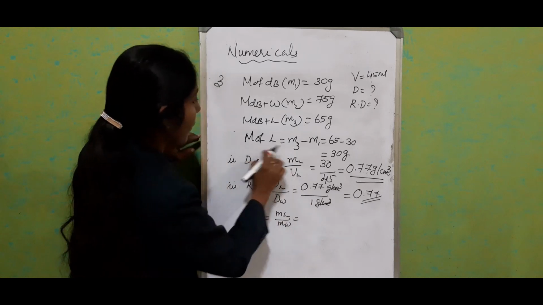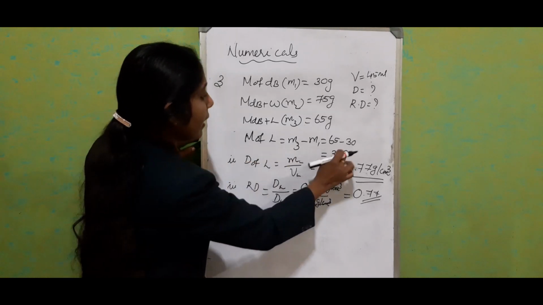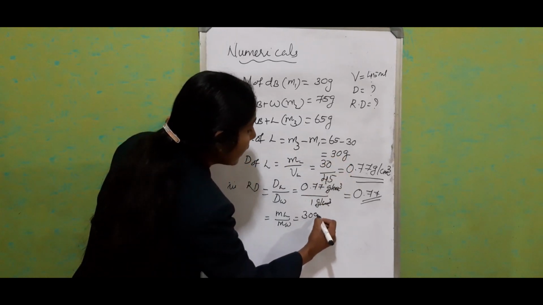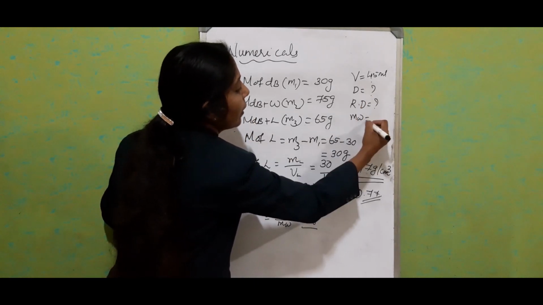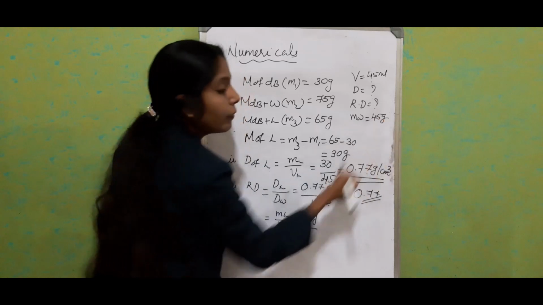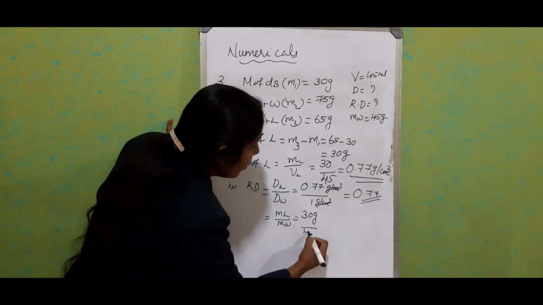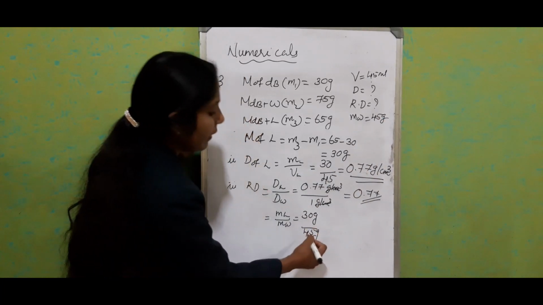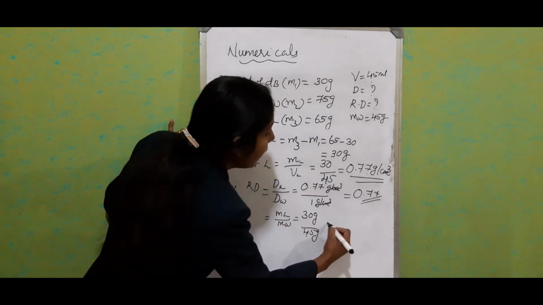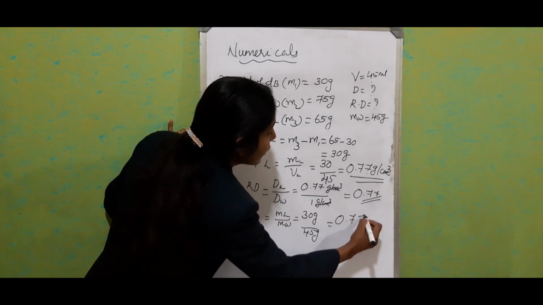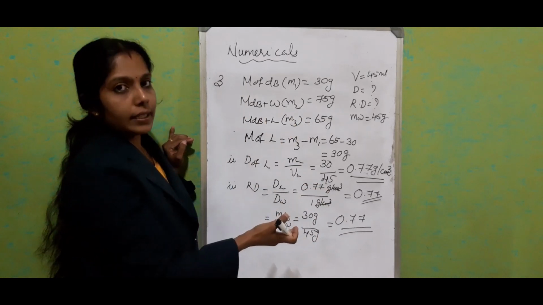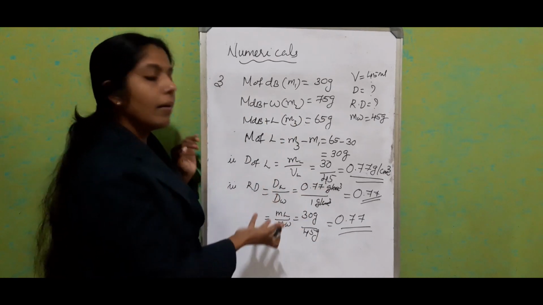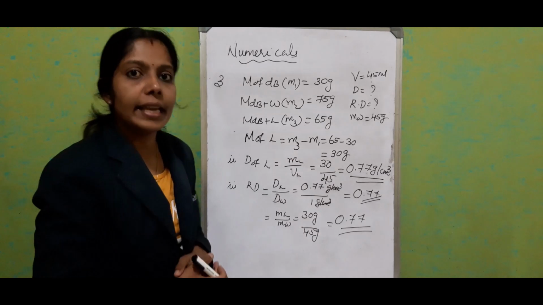What is mass of liquid? Mass of liquid is equal to 30 gram, and we know that mass of water is equivalent to the volume. It was 45 gram. So 45 gram, when we solve 30 by 45, we get the value as 0.77. So either if we do it in terms of density or in terms of mass, we are getting the same answer.